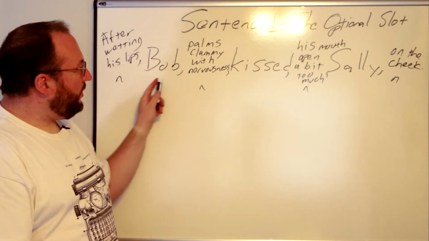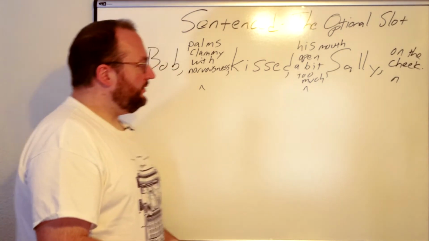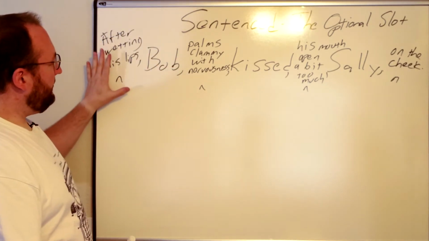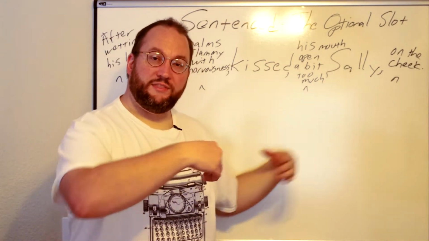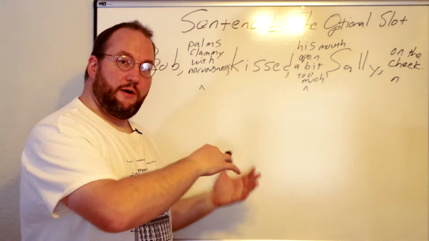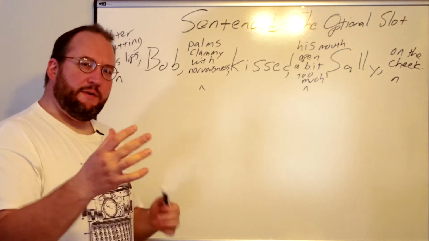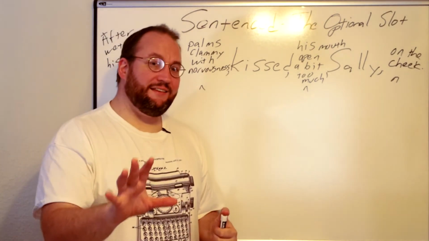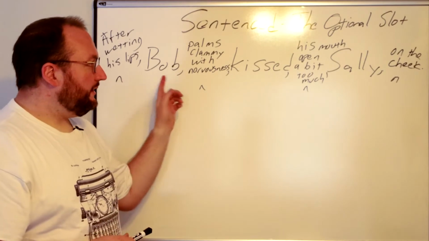So what went from being a very boring sentence, Bob kissed Sally, whoa, now becomes something that paints a very concrete picture of the action with detail and context that we can infer of the background of the sentence from the added words in it. And it becomes a little bit cumbersome, but in this sentence, I'm going to argue that's a-okay because he's nervous.